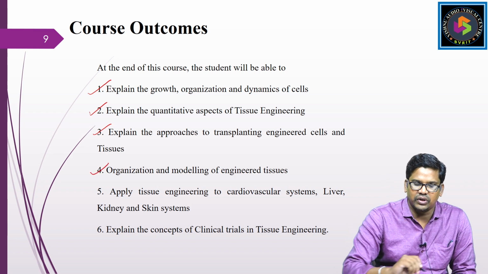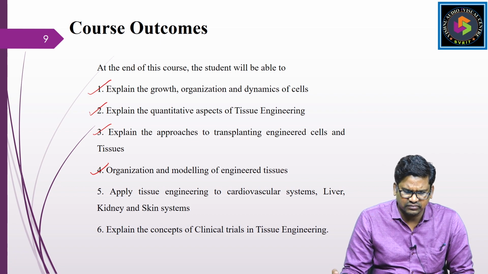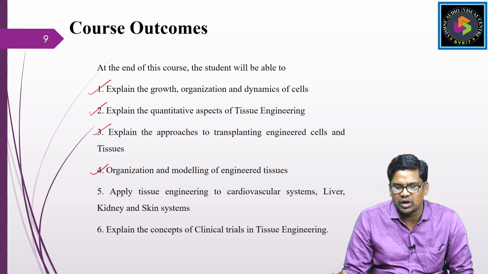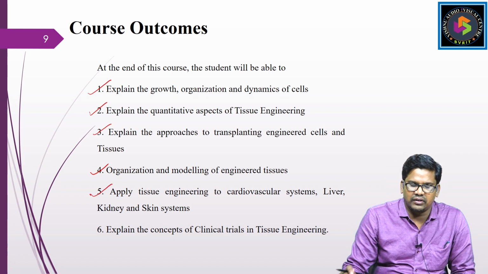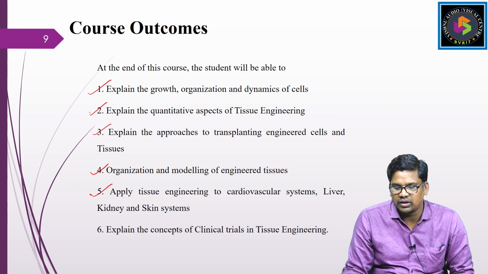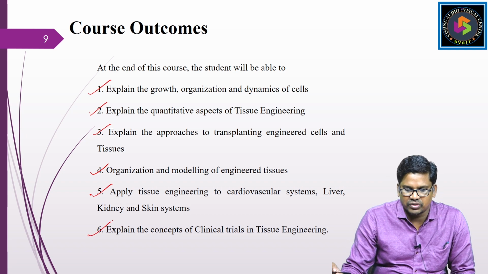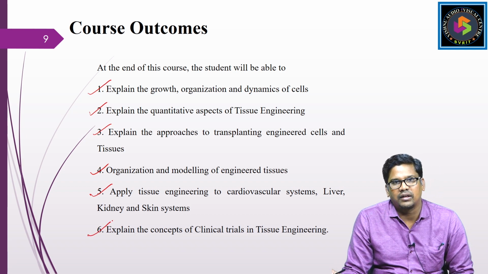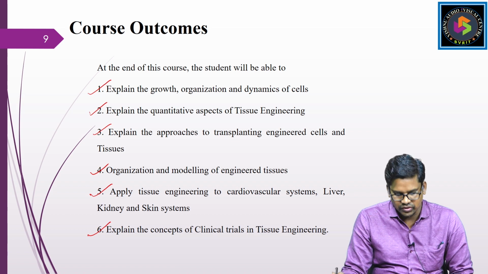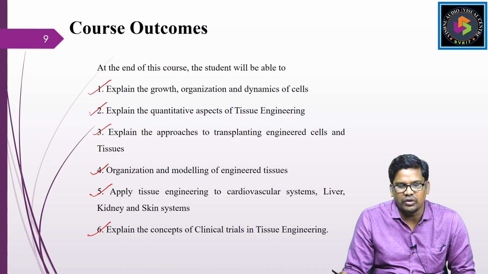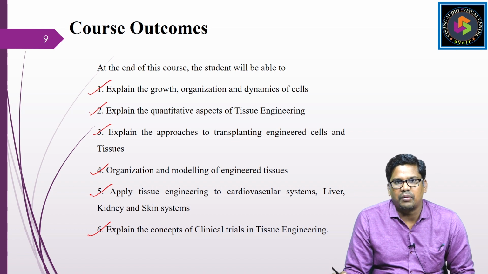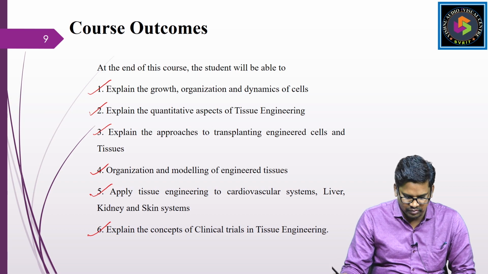Next, the student will be able to tell about the organization and modeling of engineered tissue. Then the student will be able to apply tissue engineering concepts in various organ regeneration like liver, kidney and others. And next, the student will have a concept of clinical trials in tissue engineering. So these are the outcomes after completing this course.